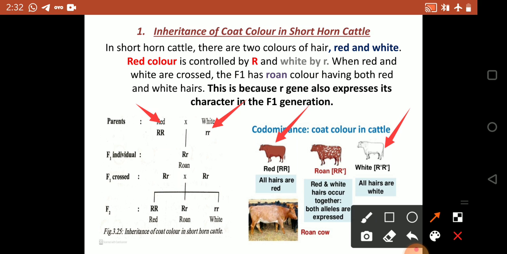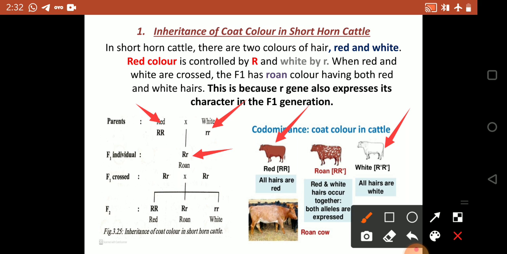When capital R and small r are combined, the F1 individual will be capital R and small r. If you check the F2 hybrid, the combination of capital R and small r takes place, and that leads to the formation of the roan color.